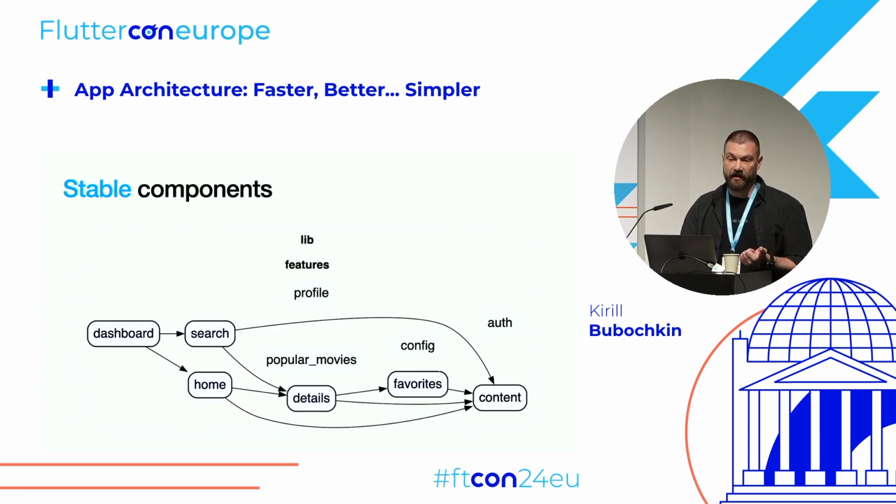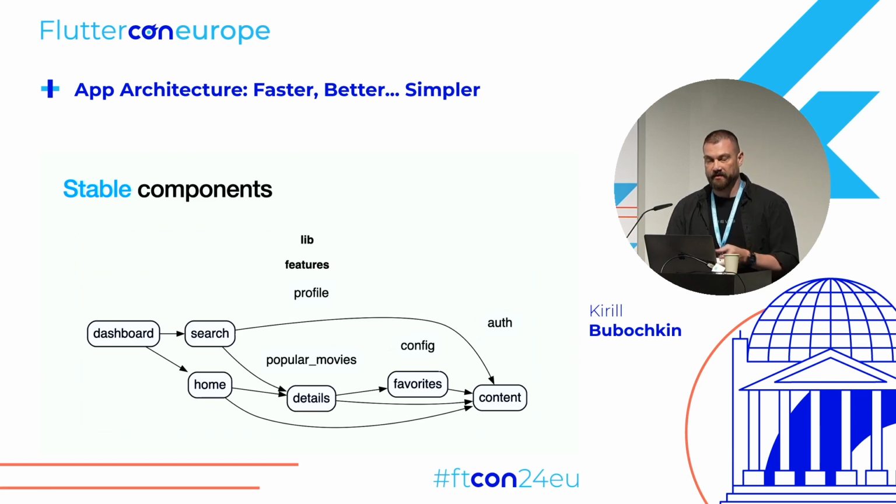But at the same time, a lot of other components depend on it. So if you change something in this module, well, it can cause some changes in its direct dependencies, like favorites or search module, which in their own turn can trigger changes in their corresponding dependents, like home or dashboard.